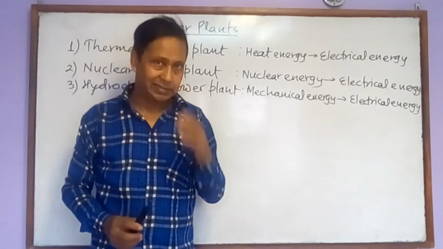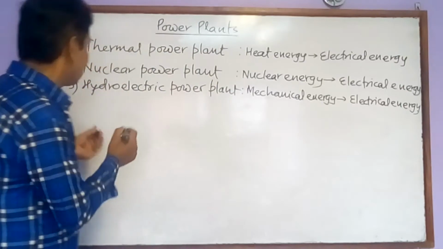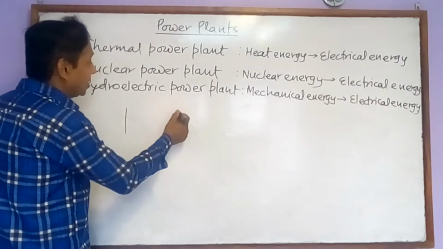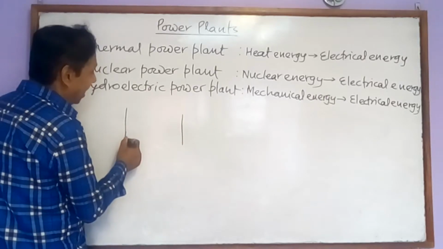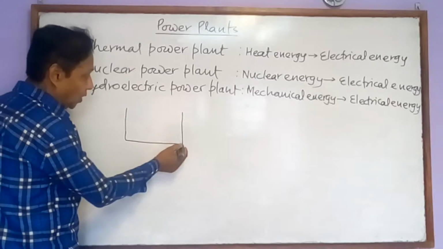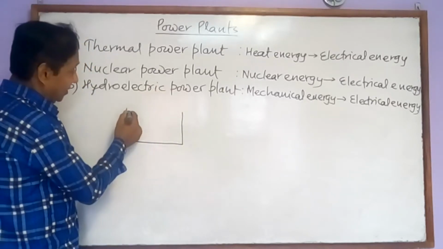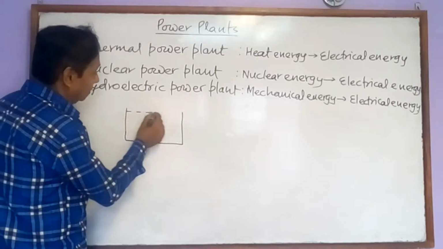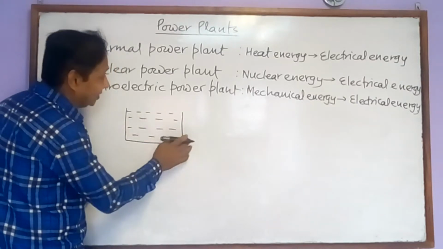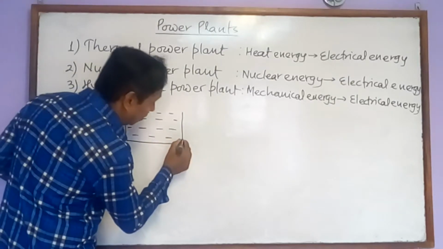In hydroelectricity, actually this is a little important for the lower classes. Water is collected in a big reservoir. This reservoir is very big, maybe of a few square kilometer area. In this big reservoir, water is collected, and then it is made to flow through a tunnel.